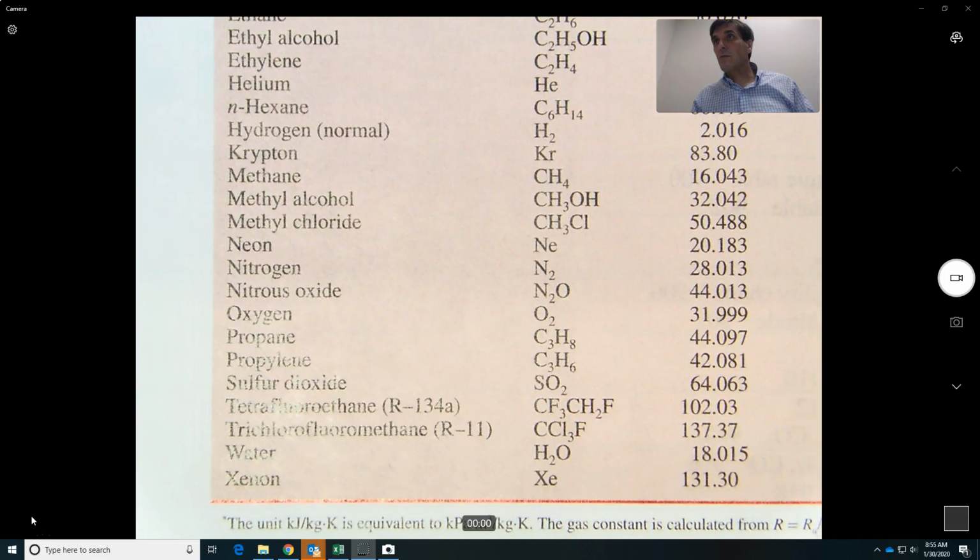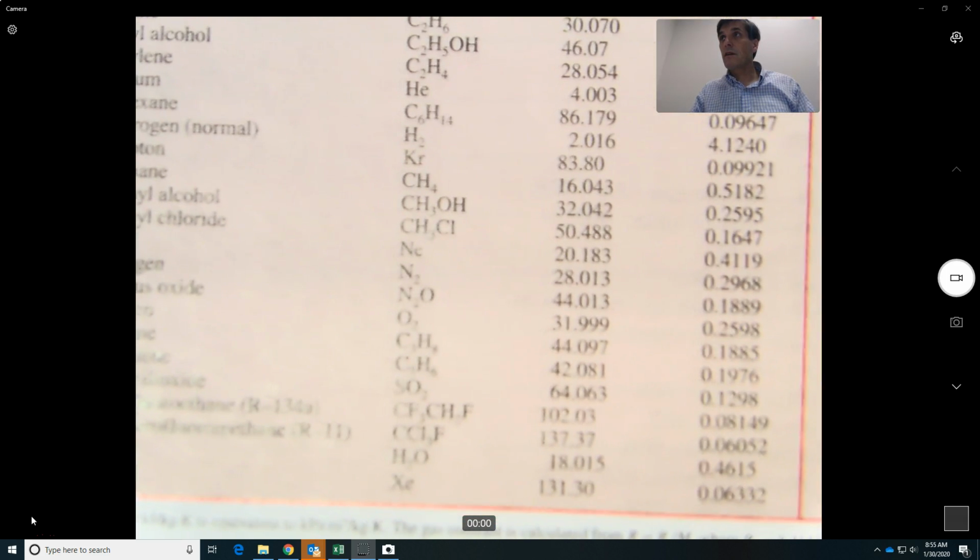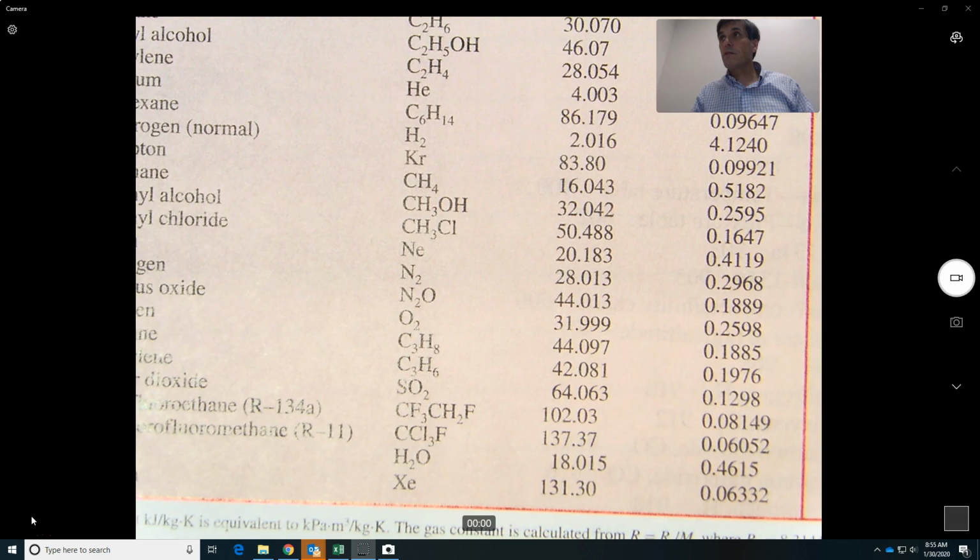Okay, so I zoom here, you see the R134a, they give you the chemical formula, and then this 102.3 is the molar mass, and the 0.08148 is the gas constant.